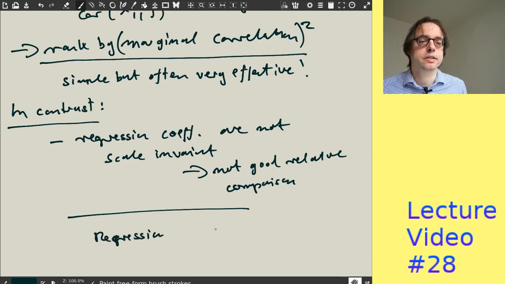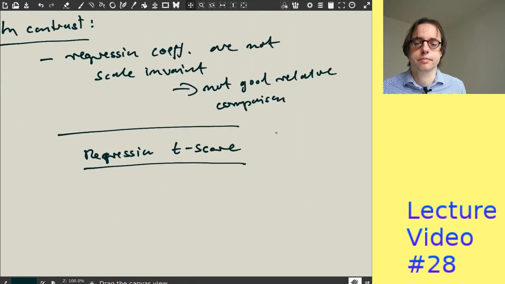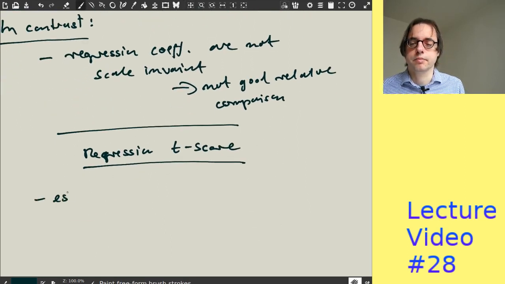These regression t-scores are actually taking into account the scale of the variables. So what you do is you estimate your regression coefficient, you estimate beta.